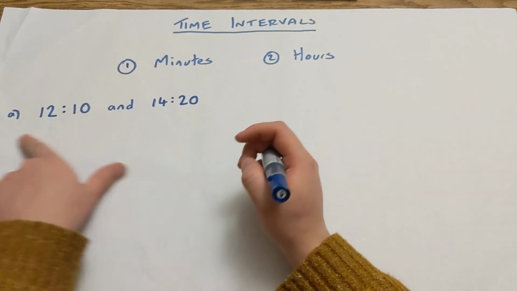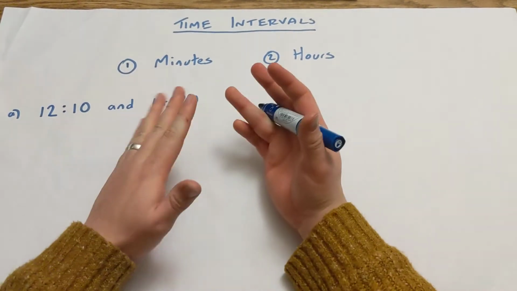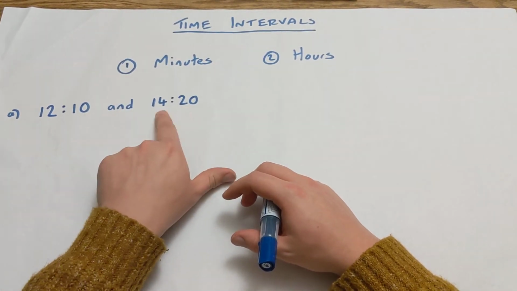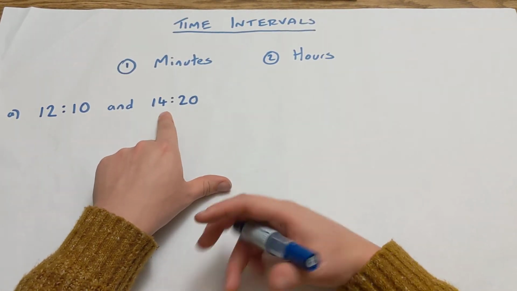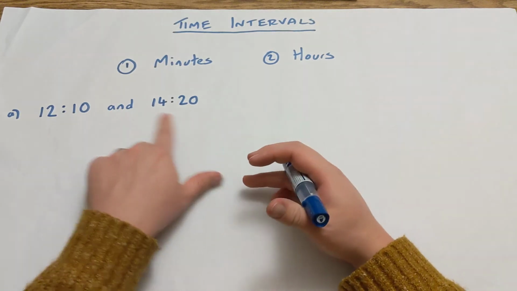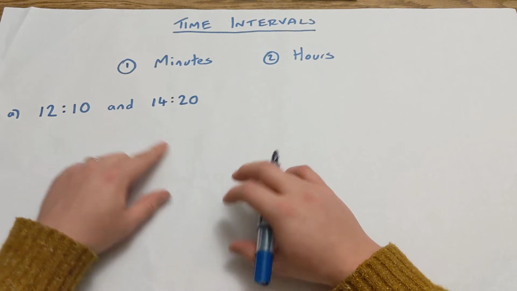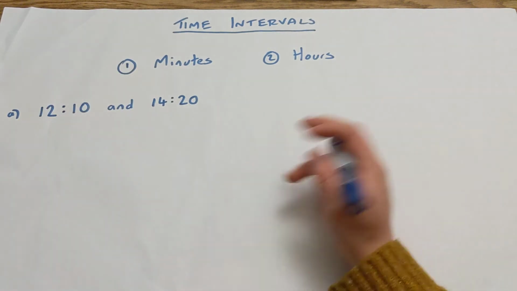Okay, might seem a simple example, but that means it's good to illustrate it. Also, if you're not familiar with 24-hour time, let me know and I'll make another video going over that if it's needed. Okay, so first thing, let's deal with the minutes.